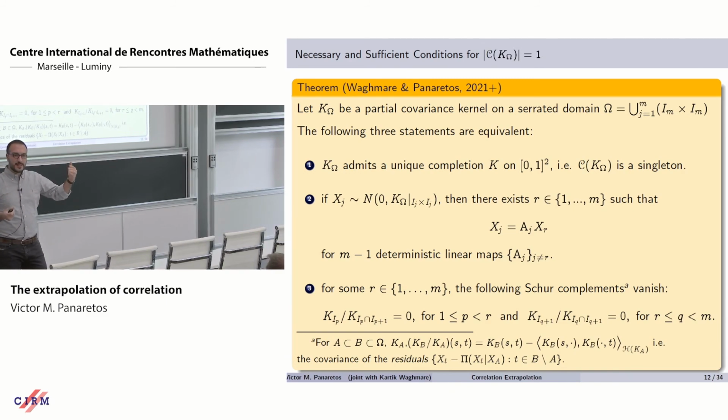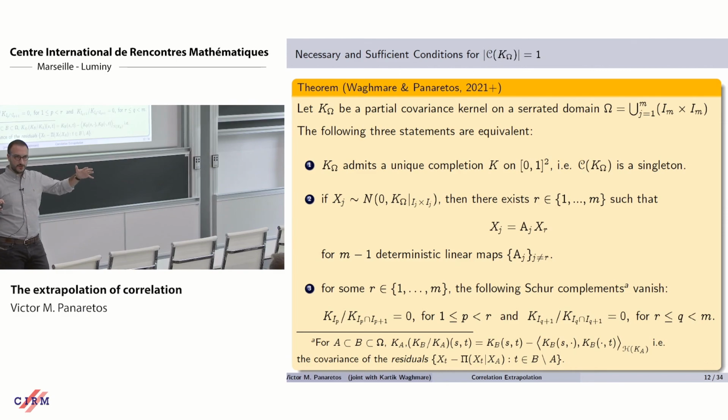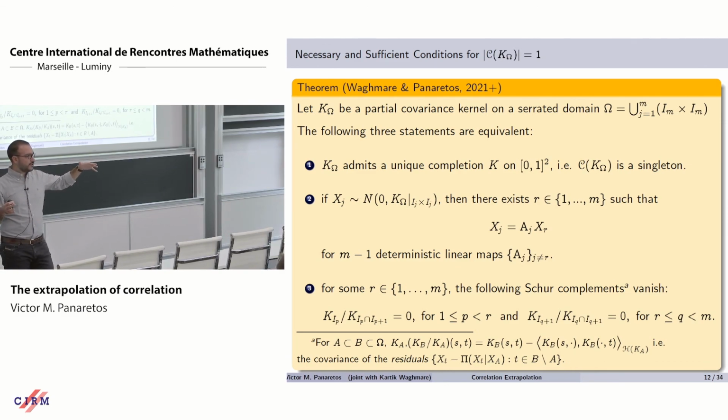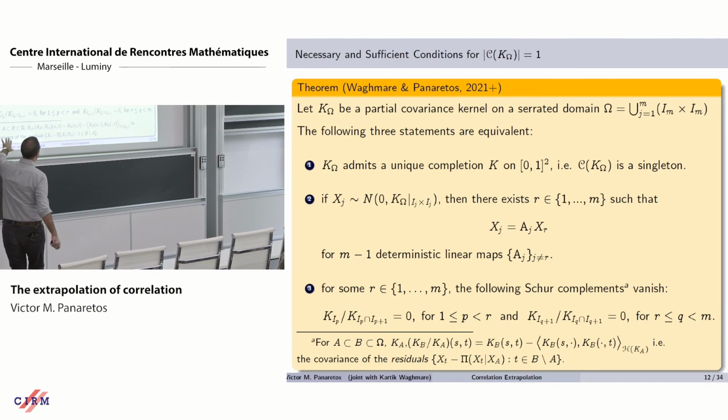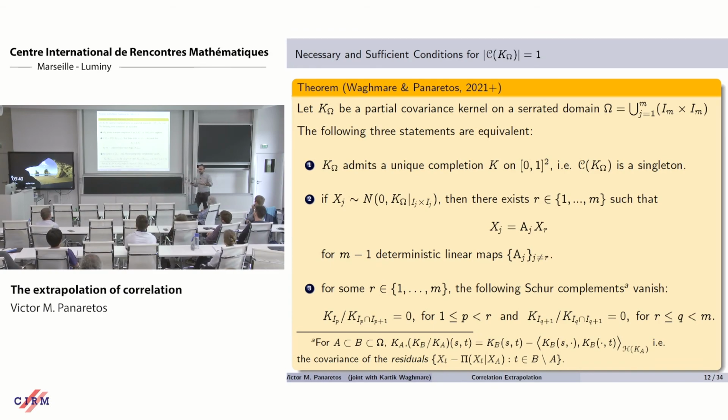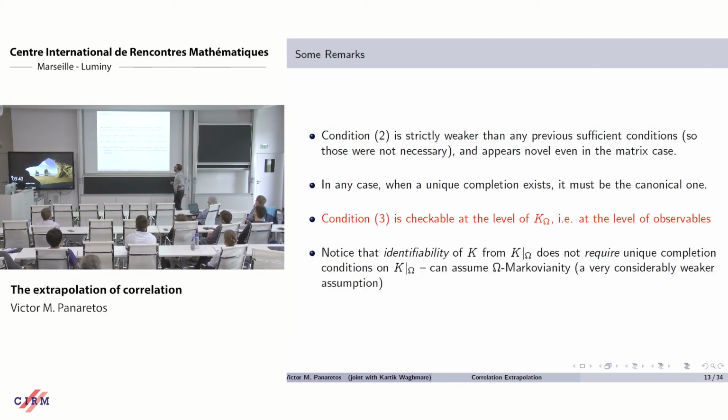Contrary to this stochastic Markovian propagation that the canonical completion corresponds to, the unique completion corresponds to linear deterministic propagation. Okay? And the last statement here is how you can check that condition. You can actually construct Schur complements of covariance kernels, just like you would do with matrices, and you can check if these vanish. So there's a number of qualitative conclusions to be drawn from this.